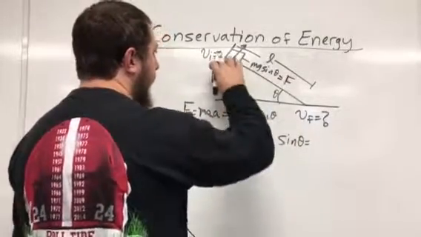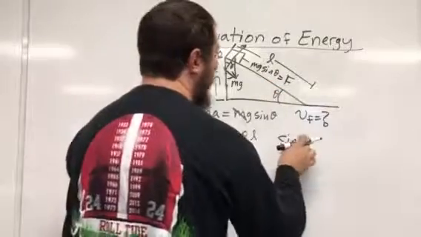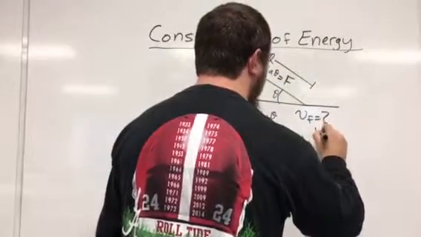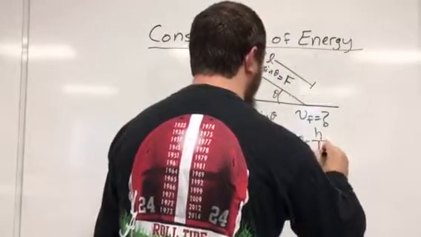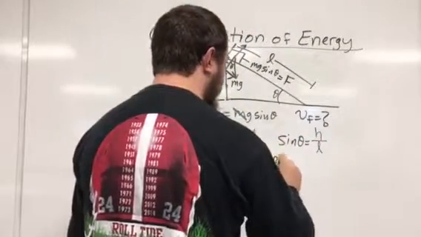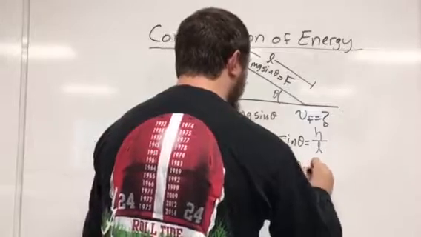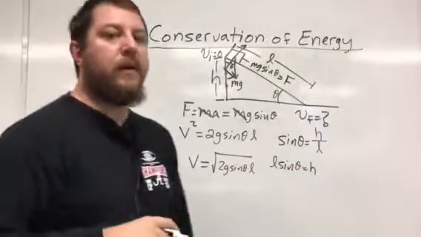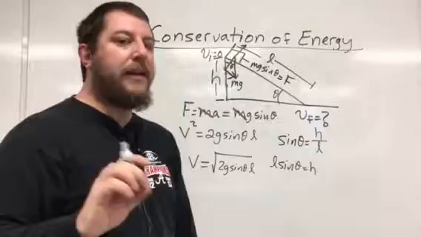And it is the opposite side of this angle. So sine theta is equal to h over L, and so L sine theta is equal to the height of the incline, okay? So that's going to be a key piece here.